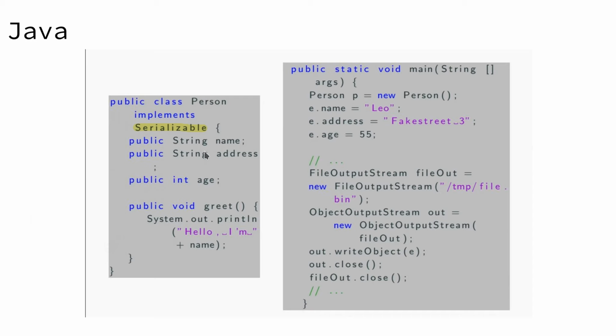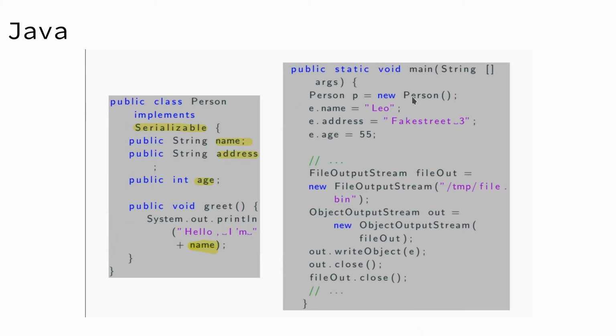So we have attributes again, name, address, and age in this case, and then we have a greet function that uses the name attribute. If we serialize that again, as in every language, only the attributes will be serialized, not the code.